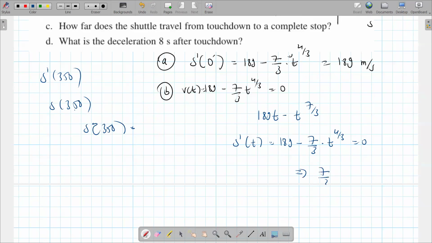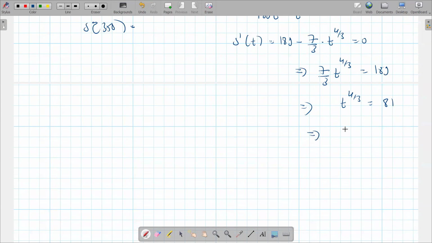So this is 7 over 3 t to the 4/3 equals 189. 189 times 3 divided by 7 is 81. Okay, I see what I did wrong. This is 81. So I'm going to rewrite this as this.